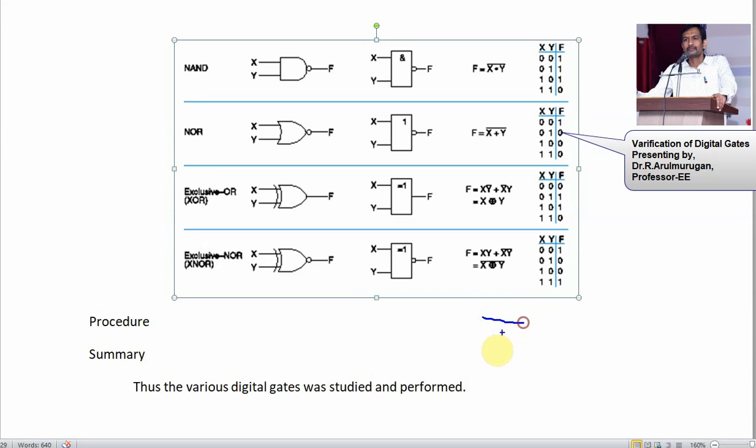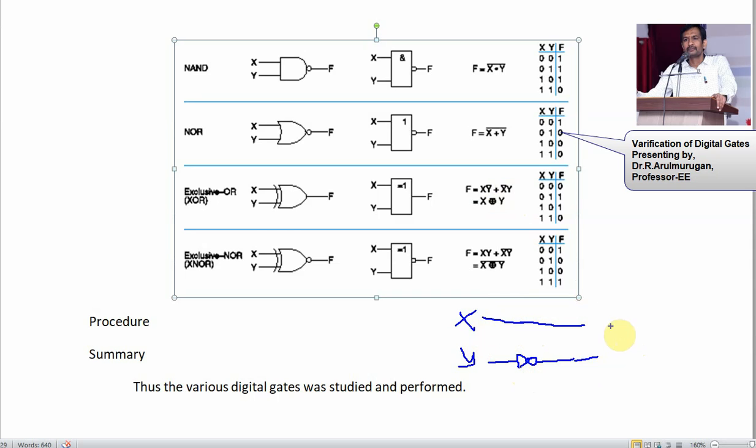This is X, this is Y. I will use the 1 naught. And the plus symbol means OR gate.